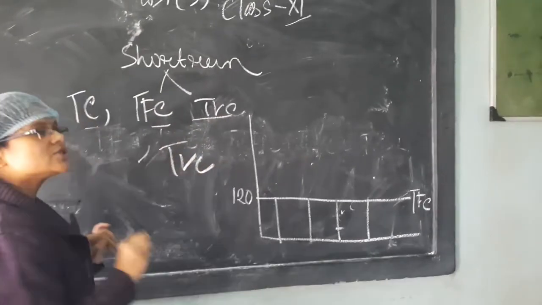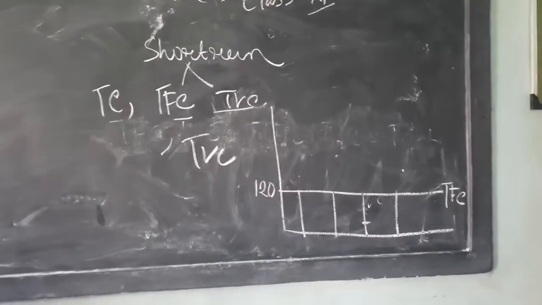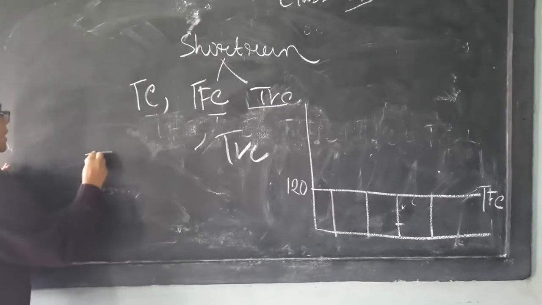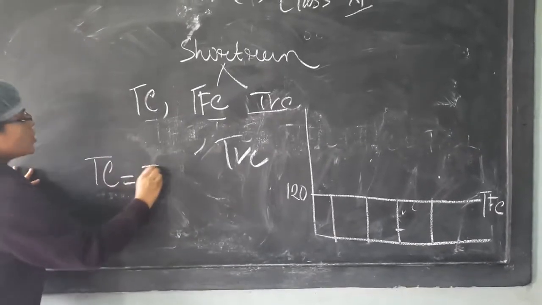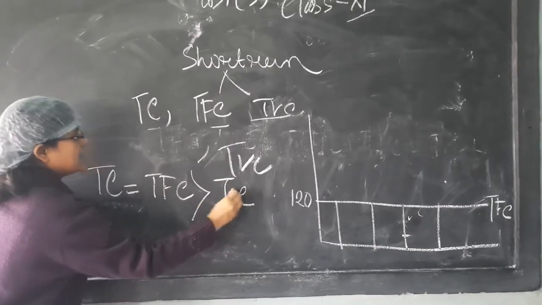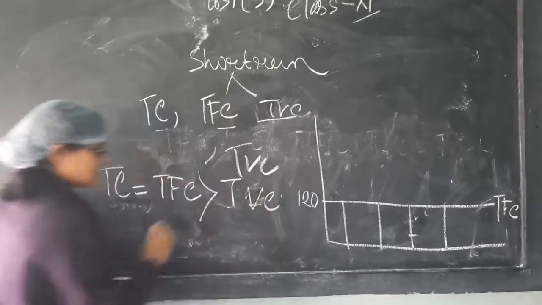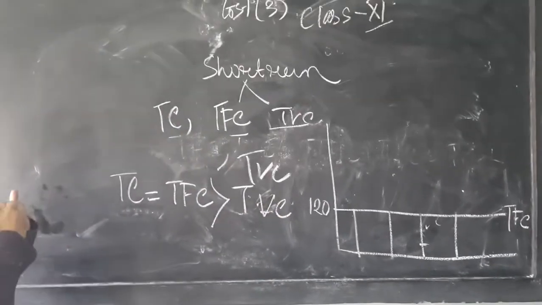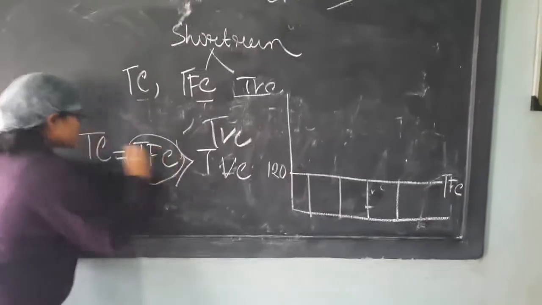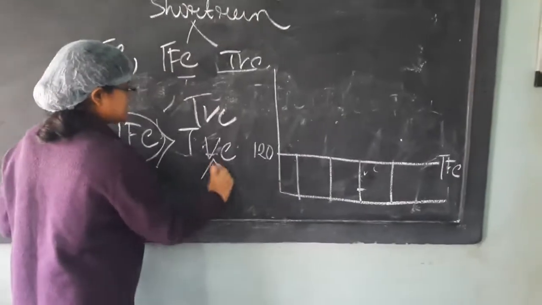Now coming to variable cost, TVC. I have said it is also known as production cost because it is totally dependent on the production. Initially when we calculate TC, the portion of TFC is more than the portion of TVC. But as the production continues, the portion of TFC falls down whereas the TVC increases.